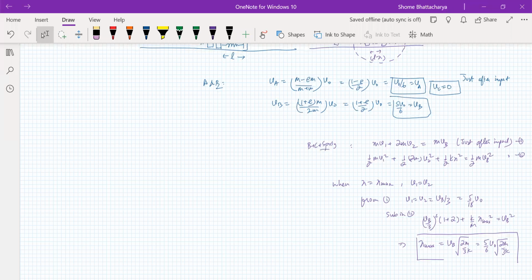So this kind of value we'll get for the maximum compression of the spring.